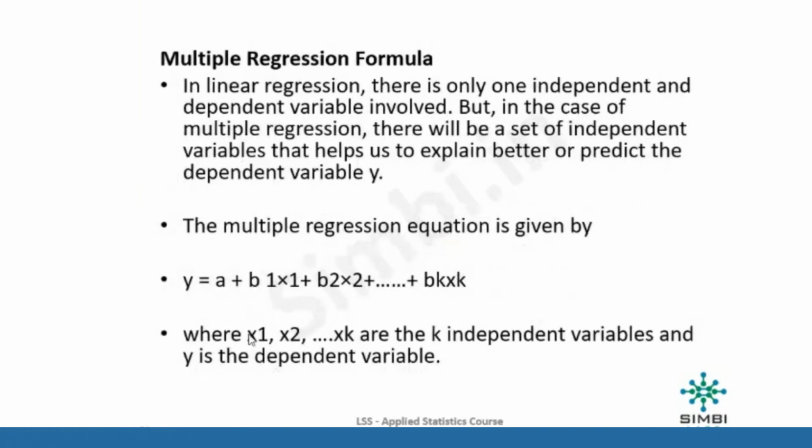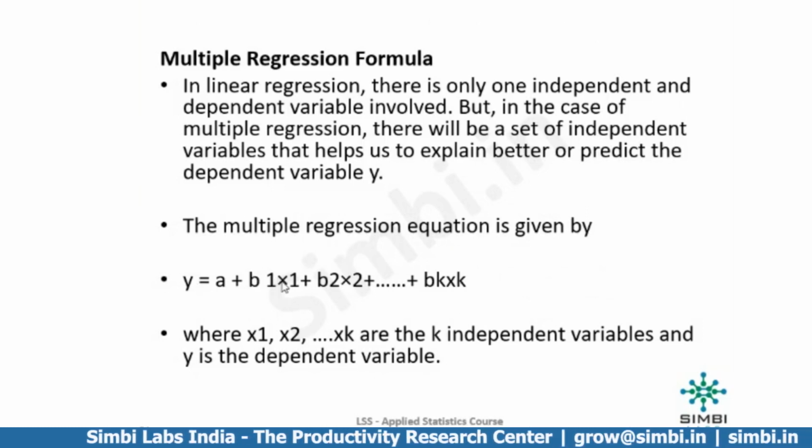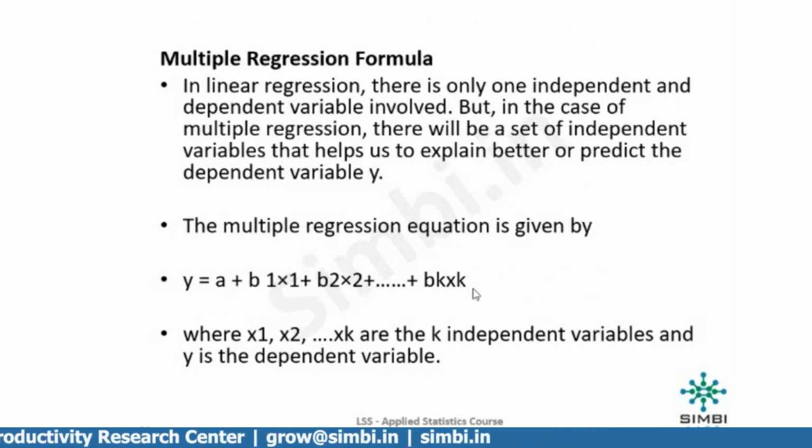Here b1, b2 and bk are the coefficients of the k independent variables, and y is the dependent variable. The remaining x1 and x2 are all the independent variables. This is the main formula for the calculation of multiple regression.